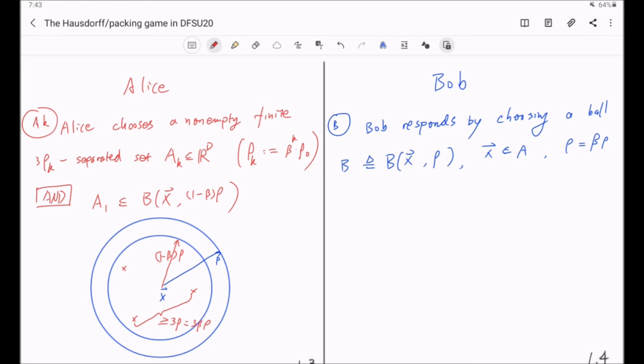We need A k to be contained in the ball centered at x sub k minus 1 with radius 1 minus beta times rho sub k minus 1. In the picture, the center of this ball is x sub k minus 1, which was Bob's choice in the k minus 1 round, and rho sub k minus 1 is equal to beta raised to the power k minus 1 times rho naught.